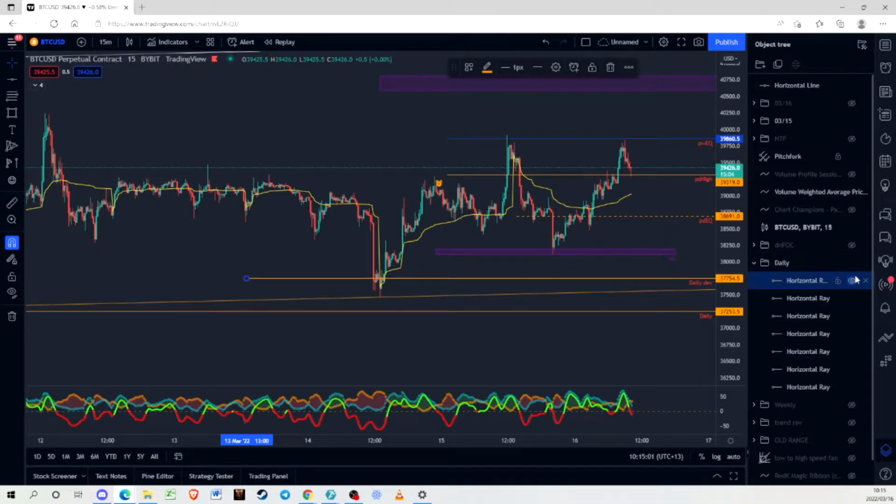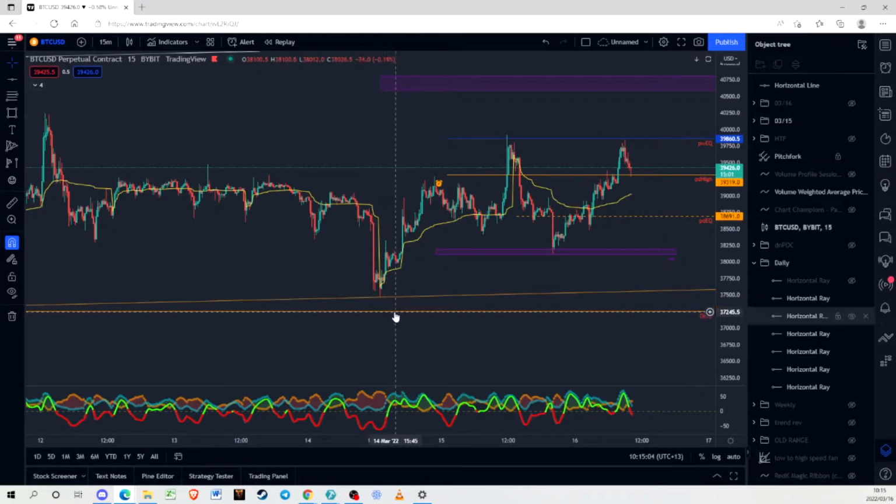So as price was coming down here, I was waiting on this daily level as a potential area for reversal and some support. Now I quickly noticed that price wasn't going to make it that far, and at about 37,700, I don't have the area marked now, but it was the previous week's value area low, which was coming down into the 0.618 of that larger pitchfork.